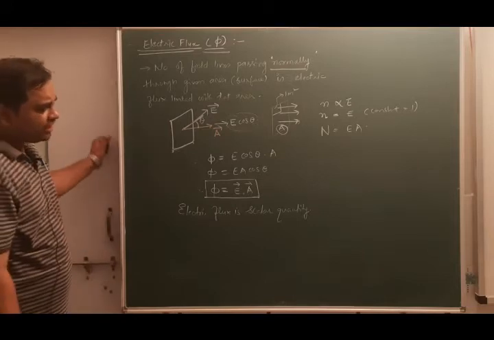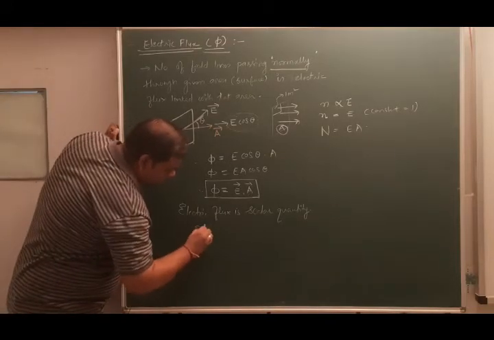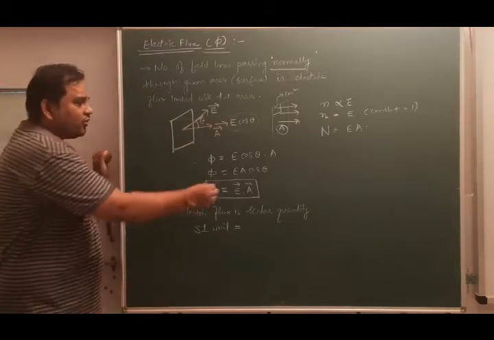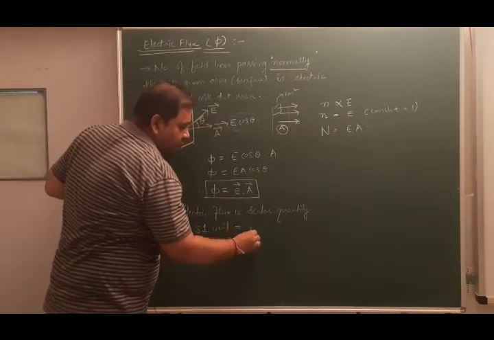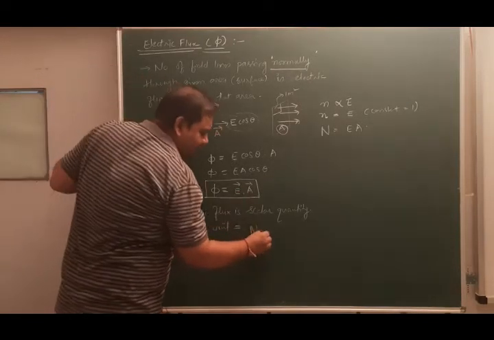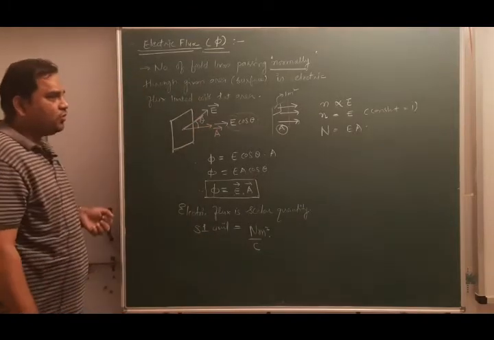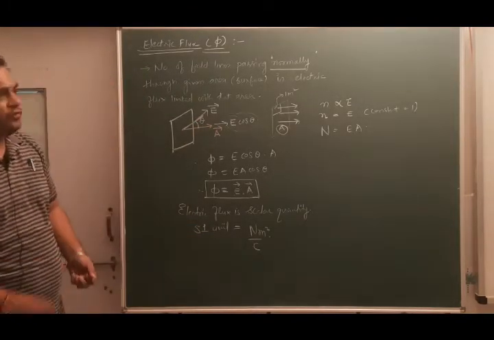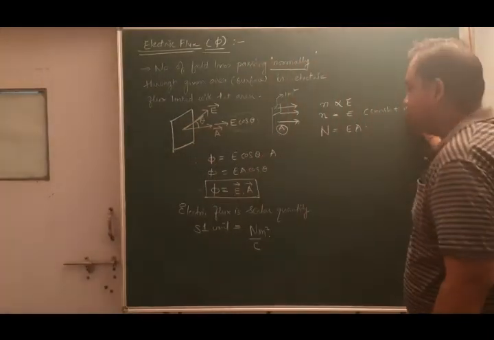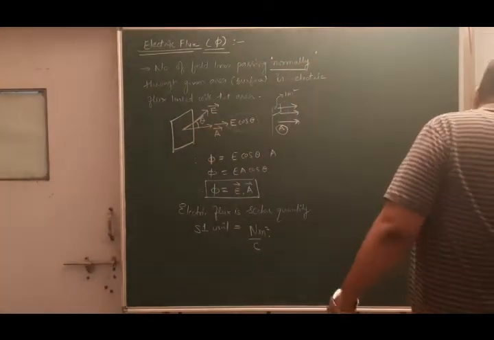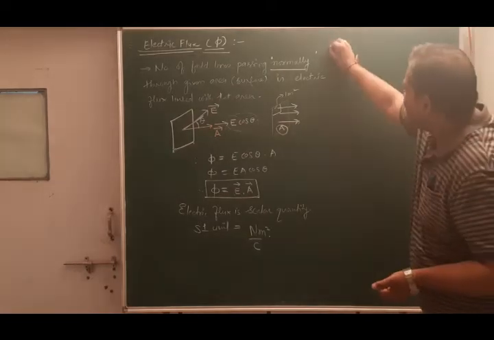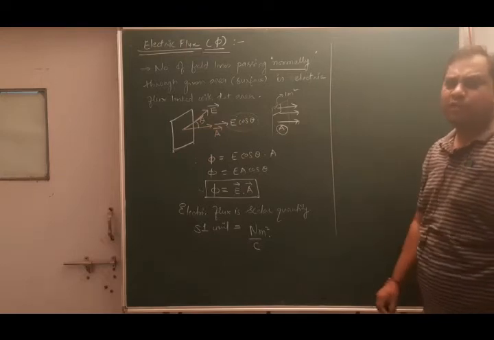One more thing now. What is the SI unit of electric flux? SI unit of electric field E is Newton per coulomb, and area A is meter square. So the SI unit of electric flux is nothing else but Newton meter square per coulomb, right? Then the dimension of electric flux, हमें इसका dimension formula ढूंढना है.